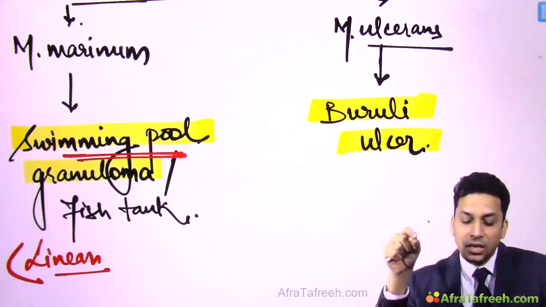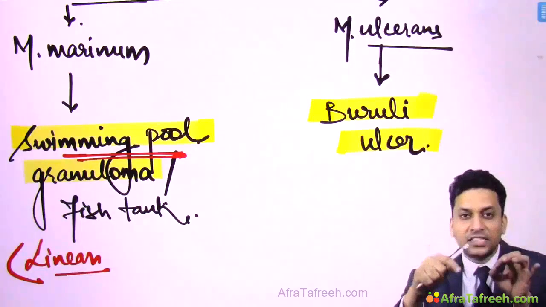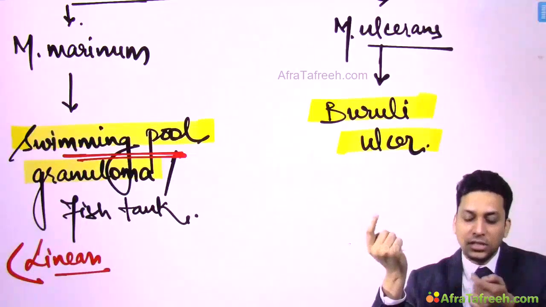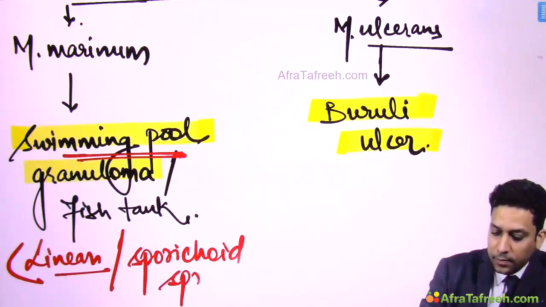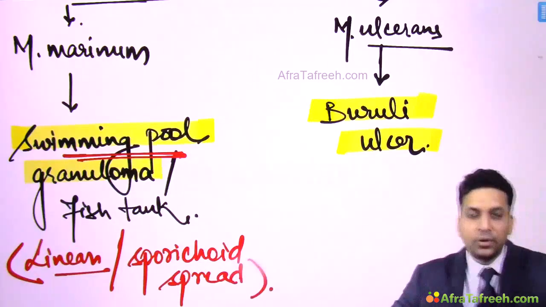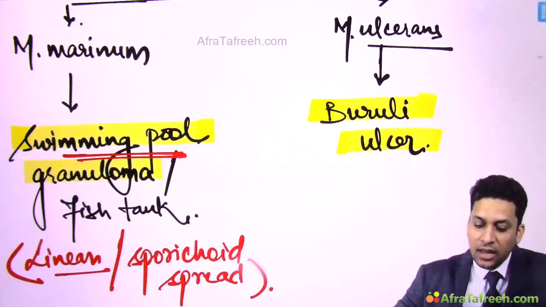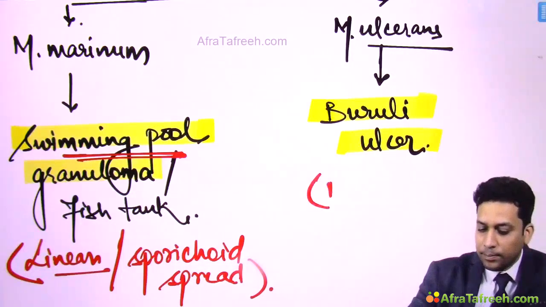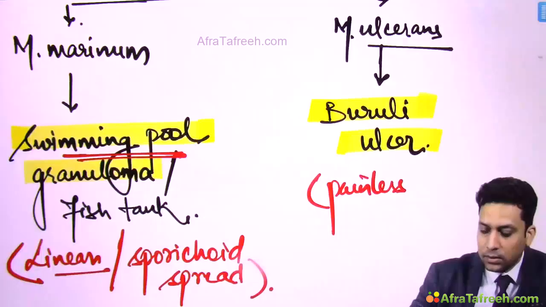Because these linear lesions are also present over extremities like the sporotrichosis lesions, this is also known as sporotrichoid spread or sporotrichoid type of lesions. Here also linear lesions are seen, while Buruli ulcer is a painless ulcer.